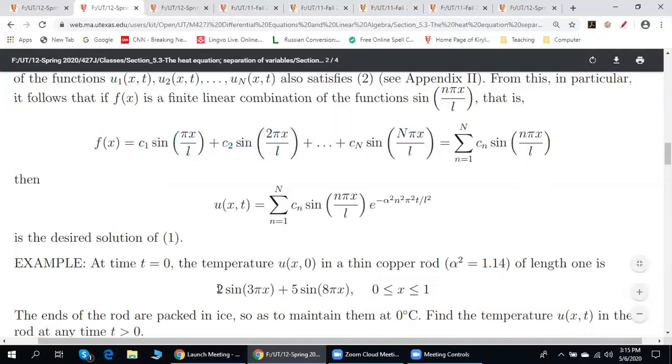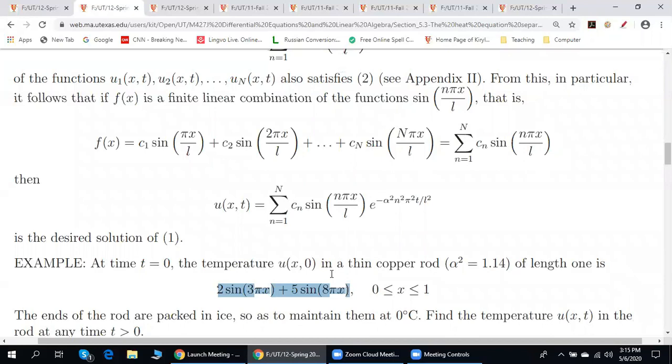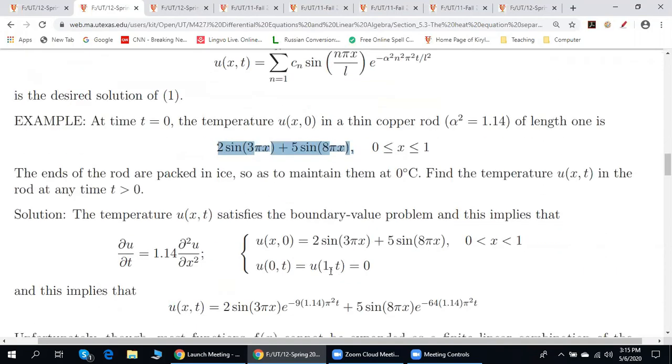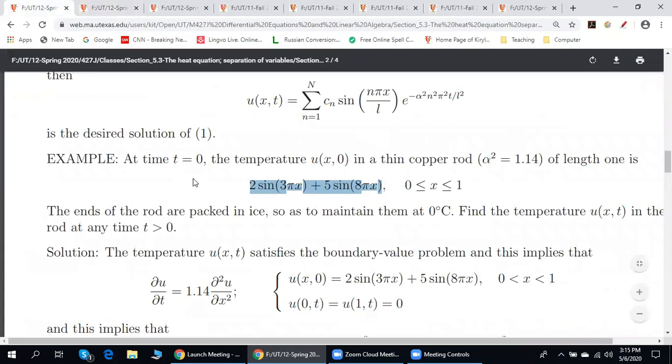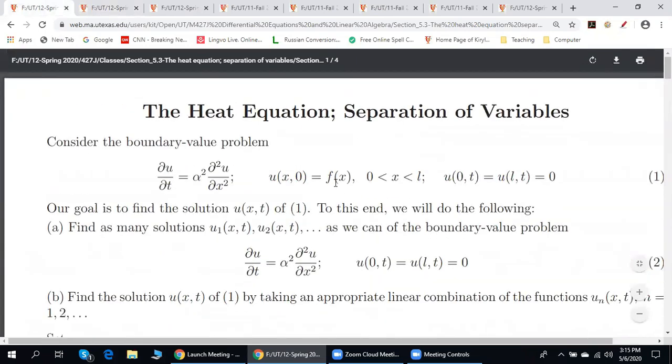So, if our function f is of a very special form, it is possible to find C's such that this is equal to this. And therefore, the solution of the boundary value problem will be what is written here. We discussed it last time. However, now imagine that f of x is equal to, say, 1.